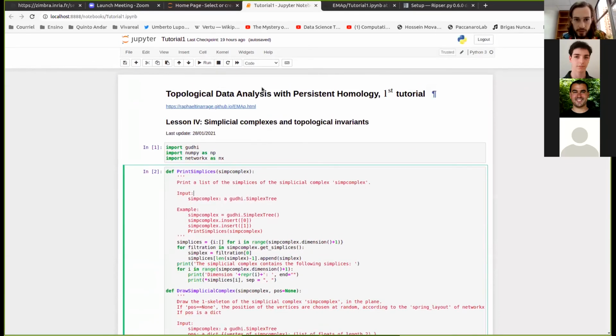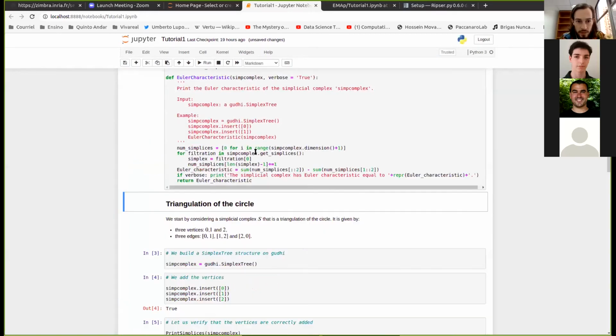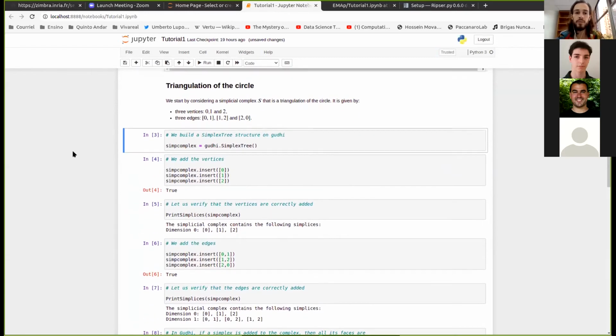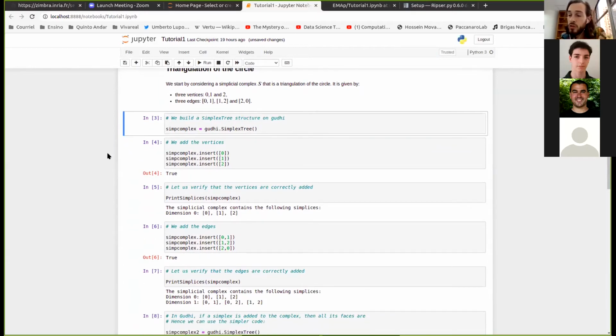So let me restart my kernel. I will first show you how to implement a triangulation of the circle in Gudhi. The structure of a simplicial complex in Gudhi is called a simplex tree.